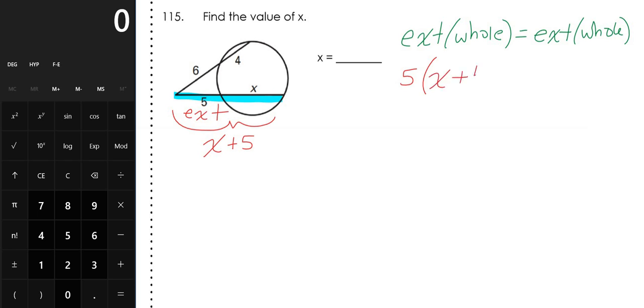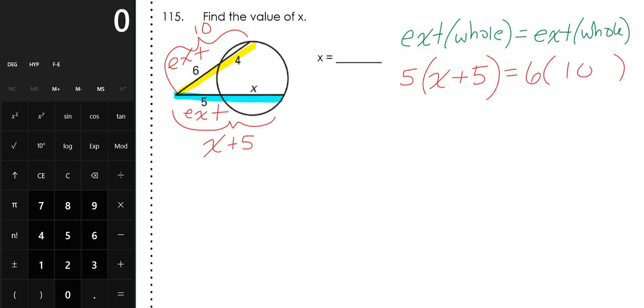Looking at your other secant, our external piece is the 6 times the whole secant, which is the 6 and the 4 together, which gives me 10. So times 10. Let's go ahead and solve.